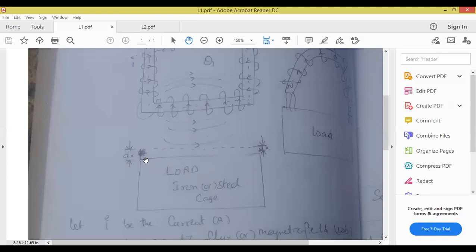We assume x is the initial position of the iron cage or steel cage, and there is a small change in position which is called dx. Whenever we move from one place to another, the change in position is represented by dx. Engineering drawing is used here. These arrow marks indicate that dx is the small change in position.